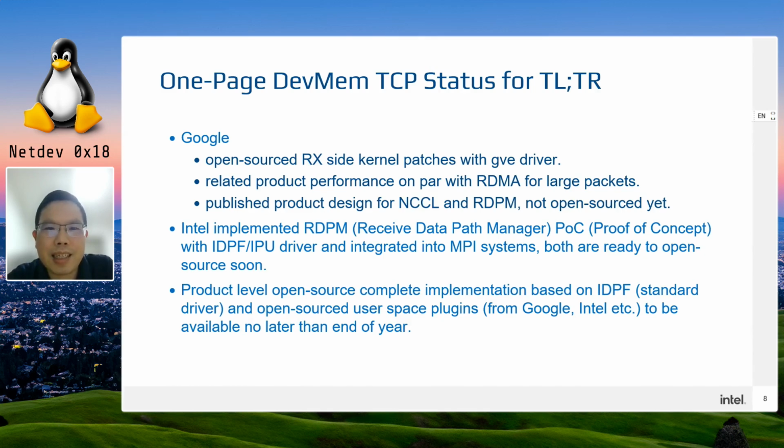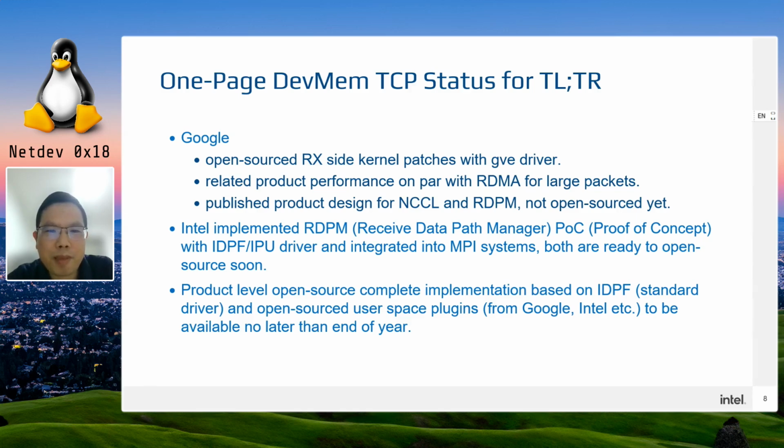They also shared some performance numbers, very good ones, comparable with RDMA. They also have a productive design for NCCL and the RDPM, but it is not open sourced yet.